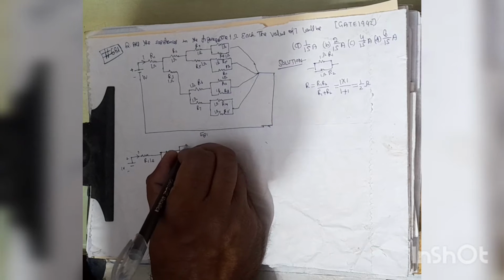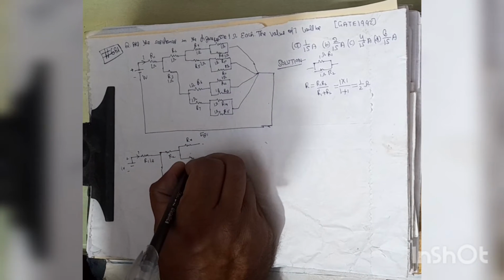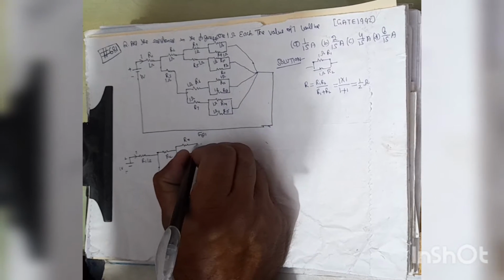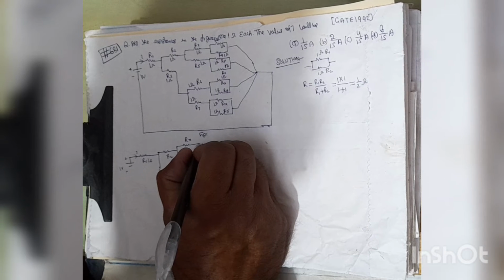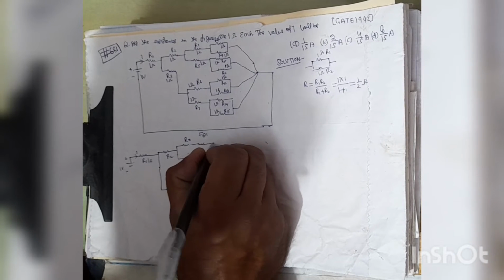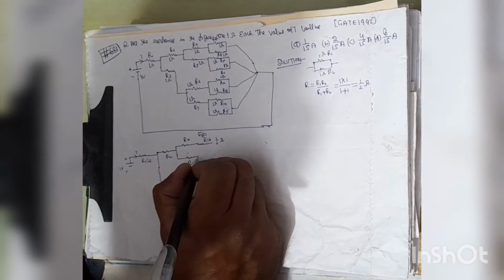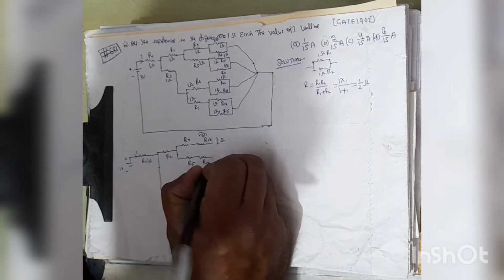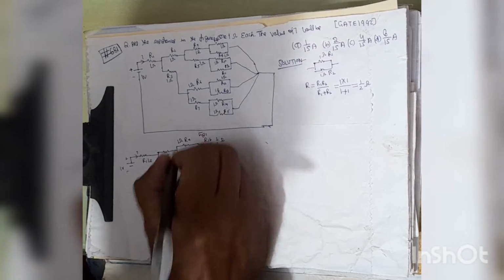This is R4, this is R5. The parallel combination of R8 and R9 we may write as half ohm. Let this be equal to R16, so this is R16, half ohm, and the parallel combination of R10 and R11 will be half ohm. Let this be R17. So this is half ohm. These are 1 ohm each.